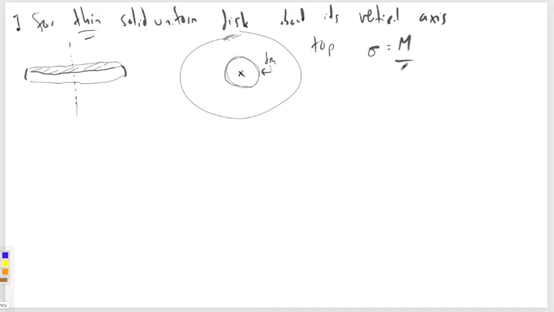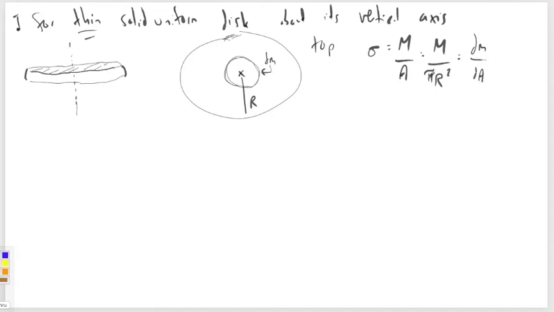That's mass per area. Well, what is the big area of this thing? It's pi big R squared, where big R is the total radius, right? And that's going to be true for little mass over little area. So you have 2 options for defining that little area right now.